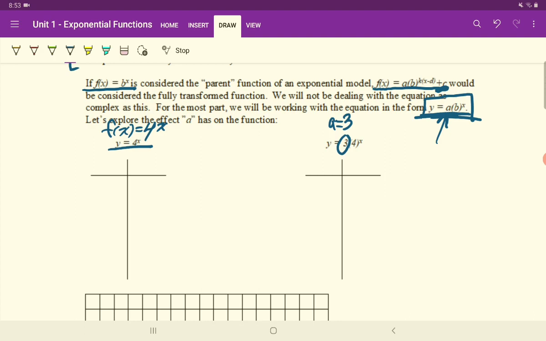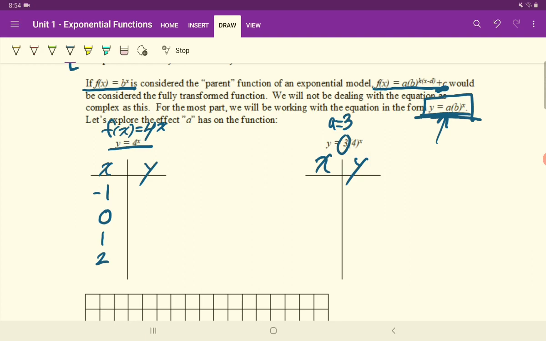Let's make up some x values to sub into my equation, and then we'll figure out the y values that go with it. Let's go with -1, 0, 1, 2. I just made those up.